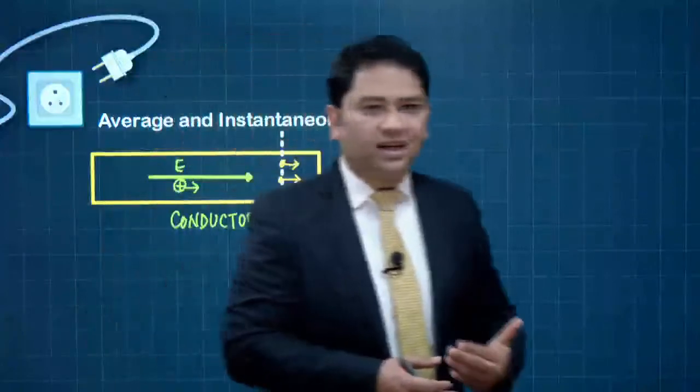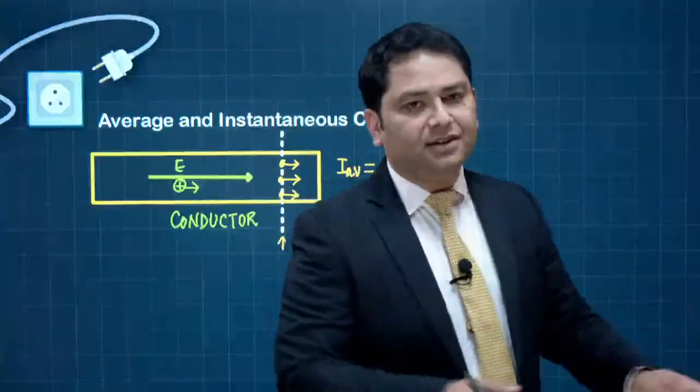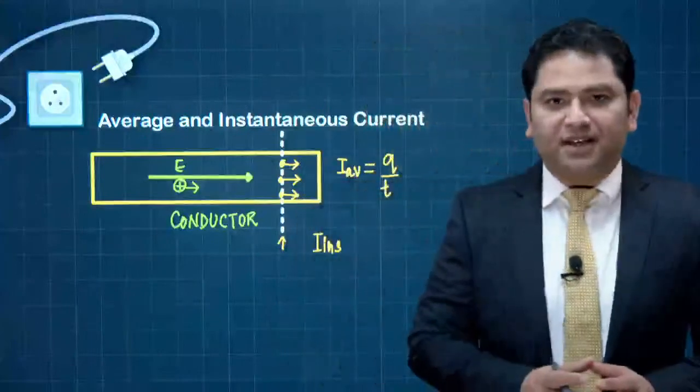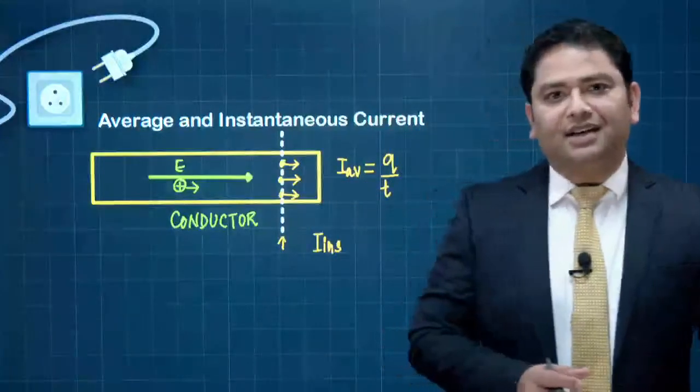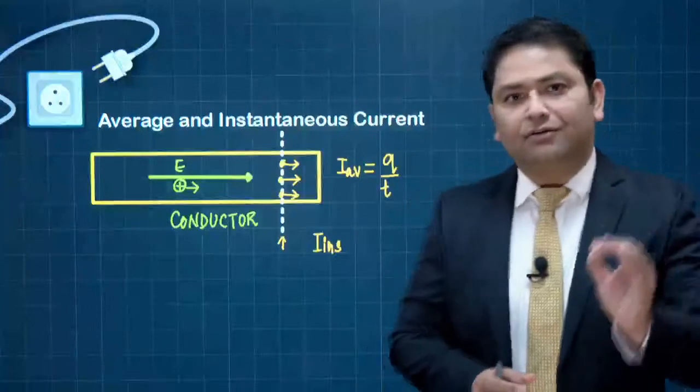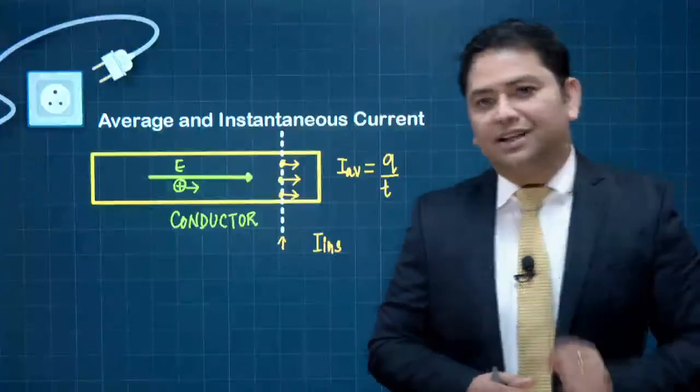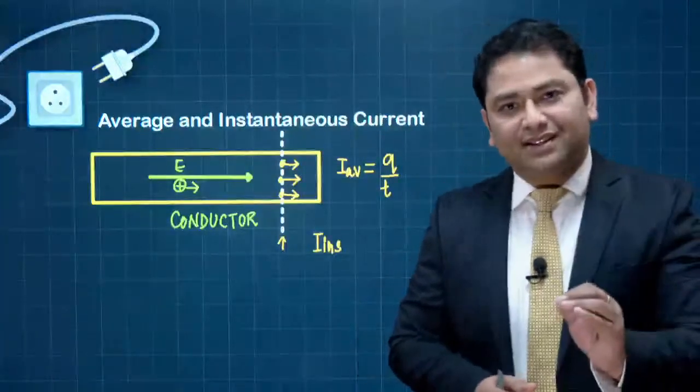Average current between 3 to 5 seconds. जबकि instantaneous के case में, you say instantaneous current at 3 seconds. Instantaneous current at 7 seconds.